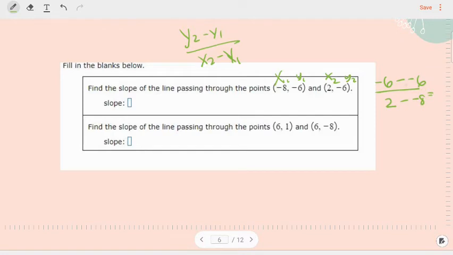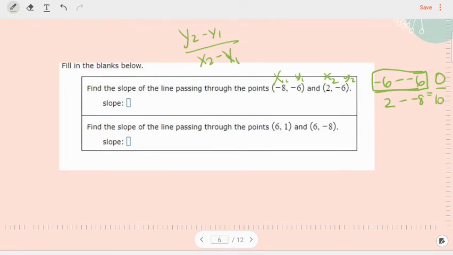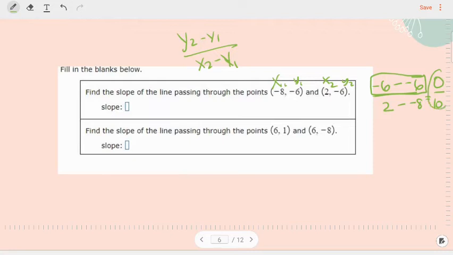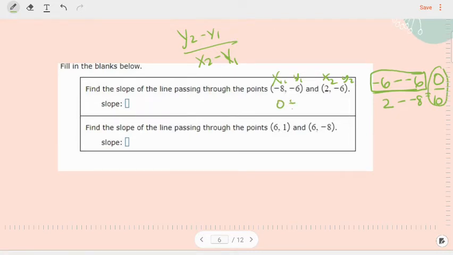When I type this in my calculator or simplify in my head, I should get 0 on top and 10 on bottom. Now, let's not leave our answer like this. Let's simplify. In my calculator, I type in 0 divided by 10. And what does that simplify to? 0.